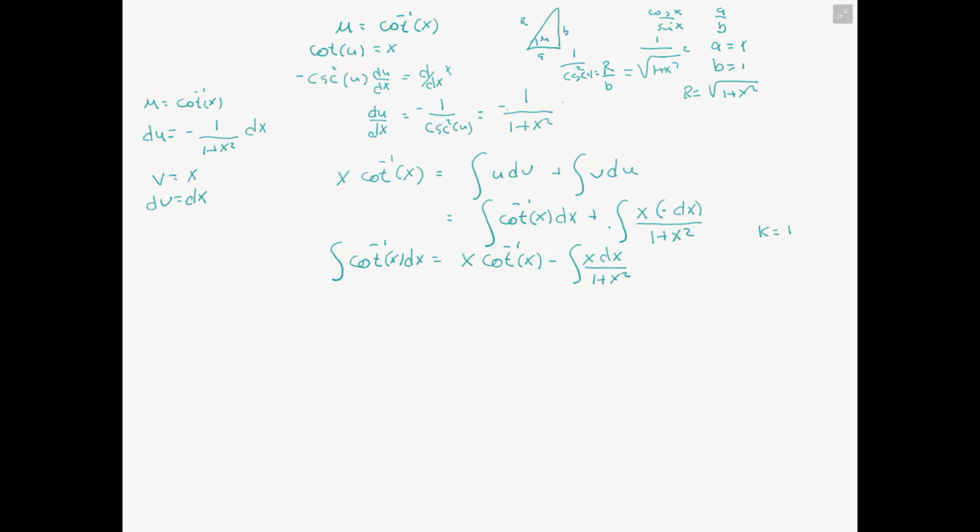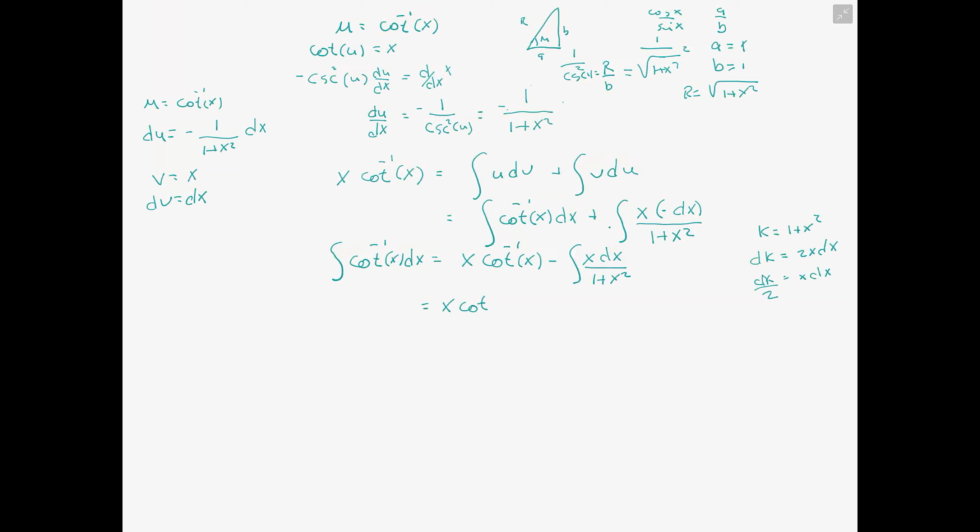So we make a substitution. We go k equals 1 plus x squared, dk equals 2x dx, and x dx equals dk on 2.